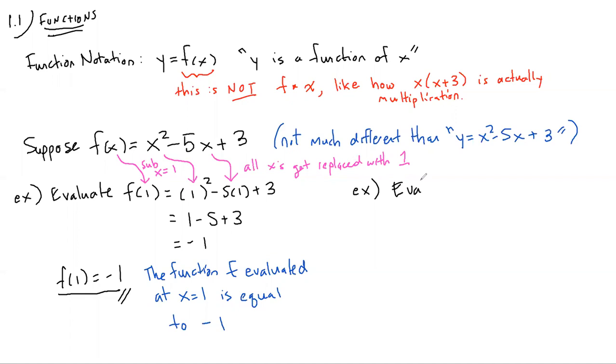So let's do another one. Let's evaluate f of 4. It's really going to be the same idea. I'm just going to turn all of my x's into 4's. So 4 squared minus 5 times 4 plus 3.